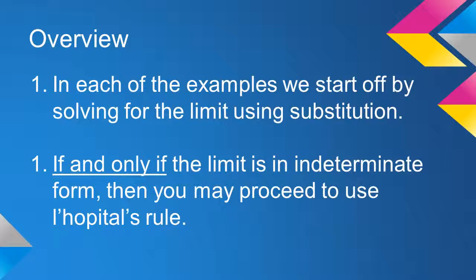And the second step, actually part of the first step as well, is that if and only if the limit is an indeterminate form, may you proceed to use L'Hopital's rule. If it isn't an indeterminate form, such as 0 over 0, or the other ones I listed before, then we absolutely cannot use L'Hopital's rule, and it'll just mess you up. You can probably solve the limit in another way, for example, just using substitution.